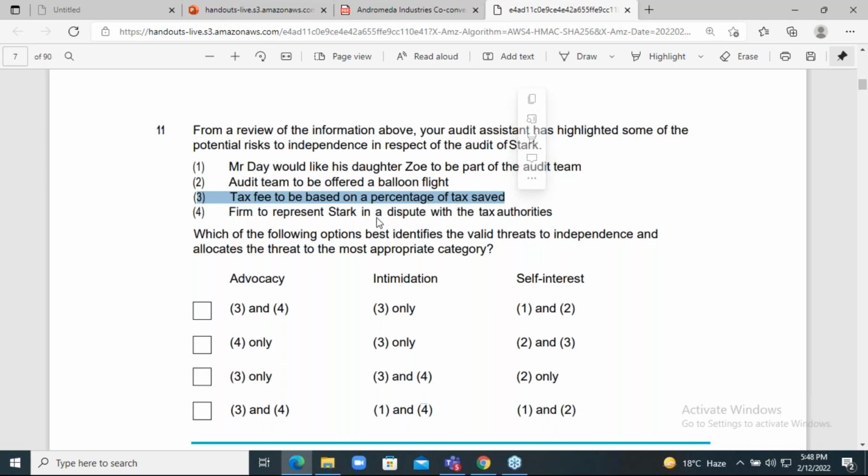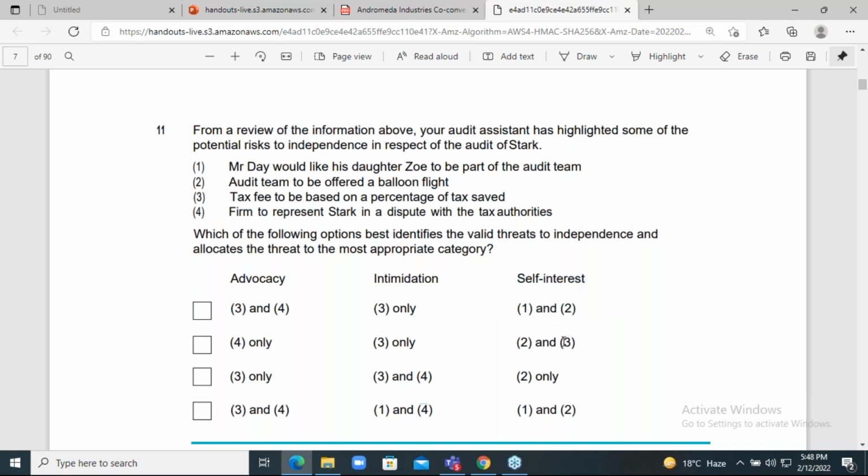You are aware that 100% there is a self-interest threat in option 3. Now come to the self-interest option and see where option 3 is written. There is no option 3 written here.